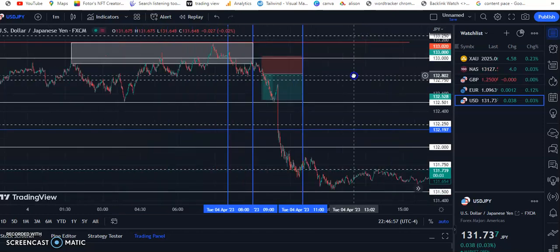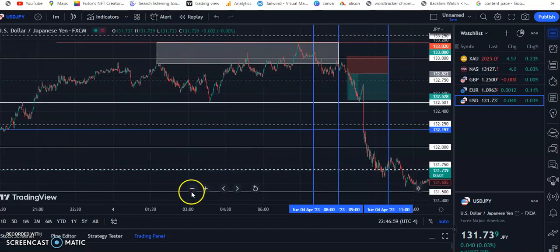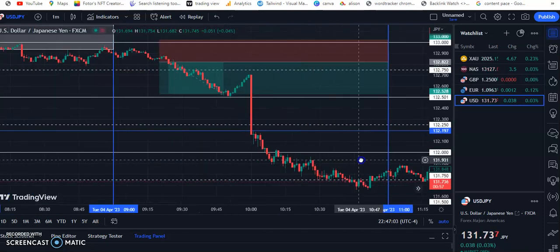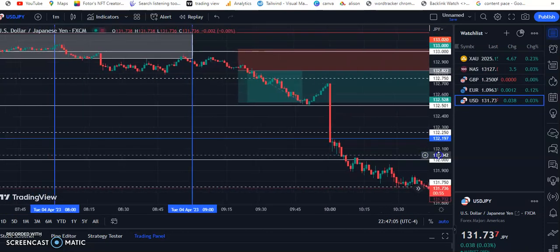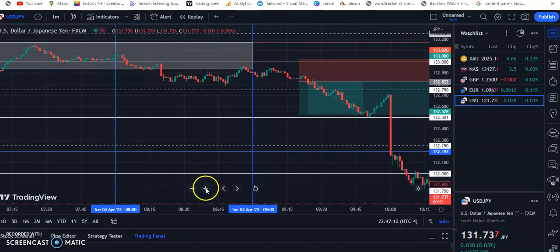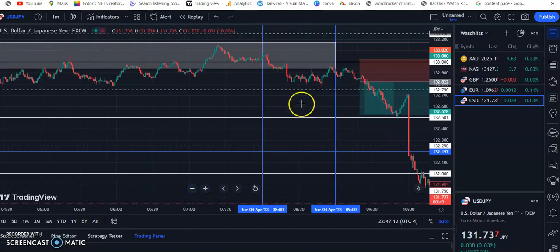Now I want to show you my entry because I know most of you struggle with entries. So when you understand that the market has already exhausted its momentum, because as you can see, the market tried coming back to the high, then boom, breaks structure.